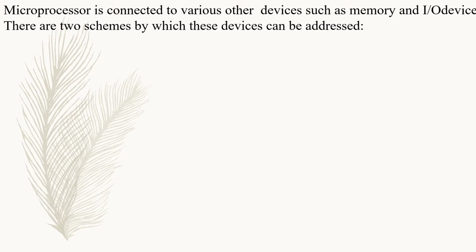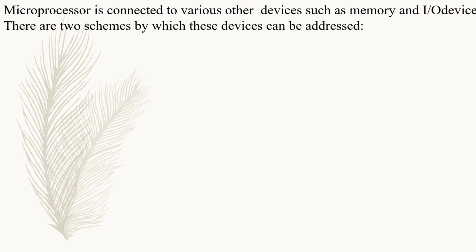Sometimes to select an input device or an output device, a particular address is given as a memory location. For example, if I am using the address 0002H, it is used to select an input device like a keyboard. And for the output device, let me take the address 0003H. So you can see here the input and the output both have different addresses. In these addresses, 0002H and 0003H, there is no information in this memory location.